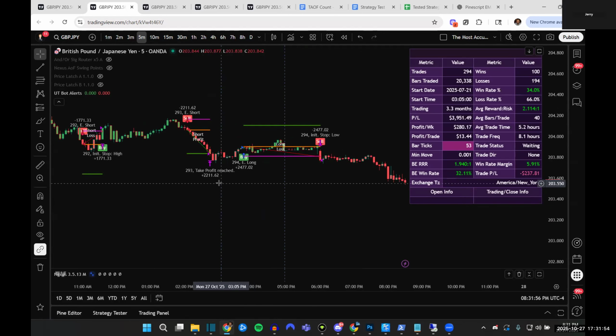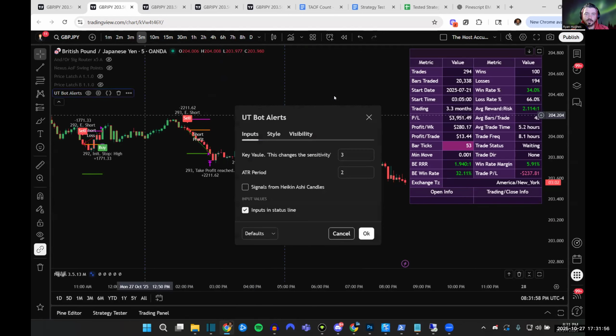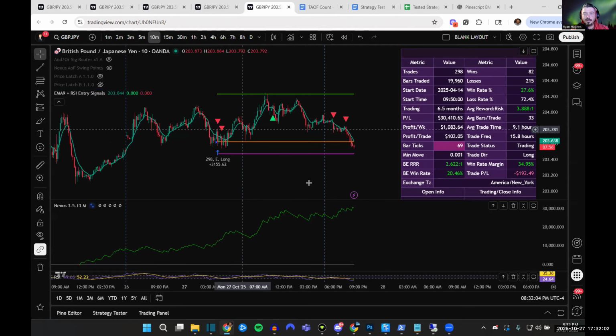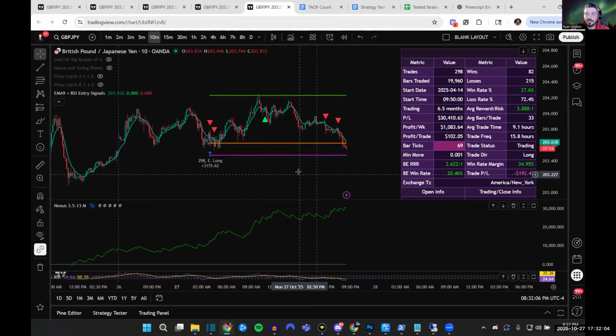I don't go in and play with the settings. I don't start tweaking stuff and flicking stuff up and down. I don't do it because it's not necessary. It's only adding an extra layer of uncertainty that can lead you into just overfitting a strategy.